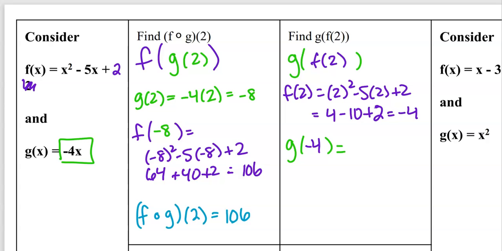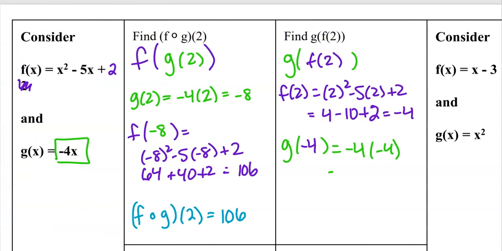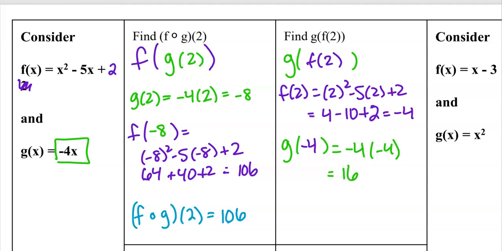How do you plug negative 4 into G? What does that look like? Negative 4 times negative 4. Yep. So we get what? Positive 16 this time. So our final composition is that G of f of 2 equals 16.